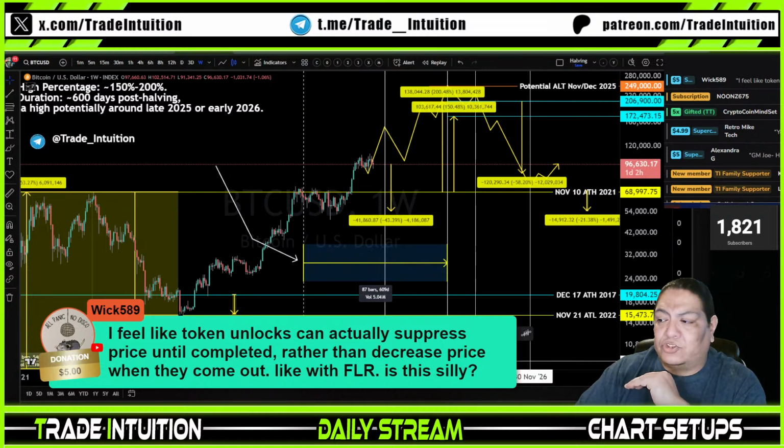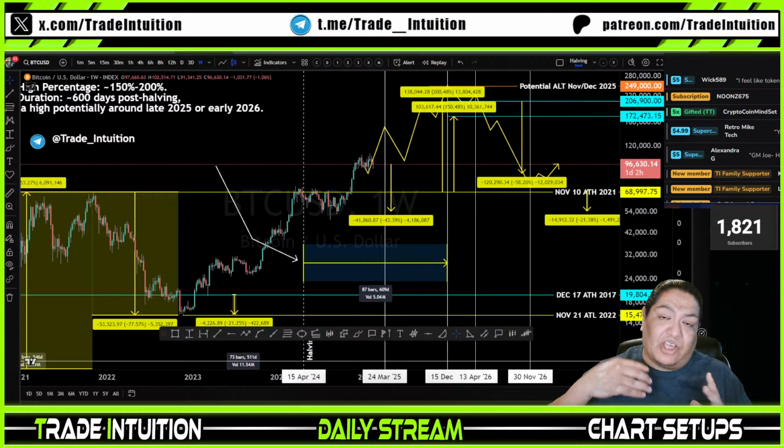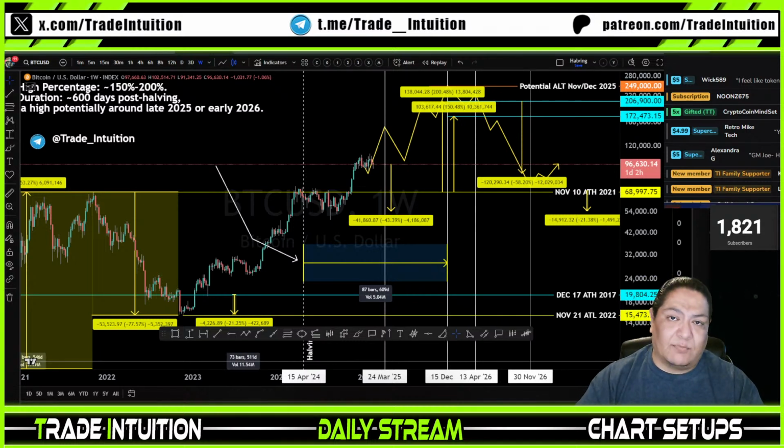Now, for token unlocks, I personally have a whole thought process. If we're in the bear market, token unlocks have an extremely high tendency to hurt the coin a lot.